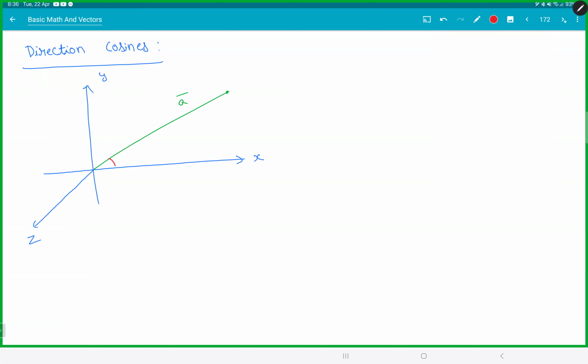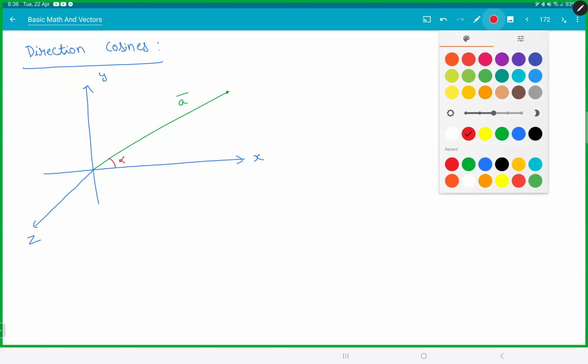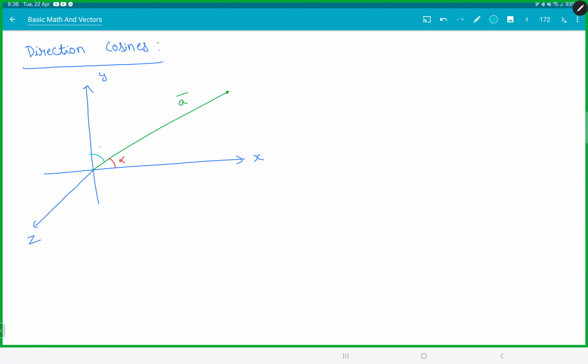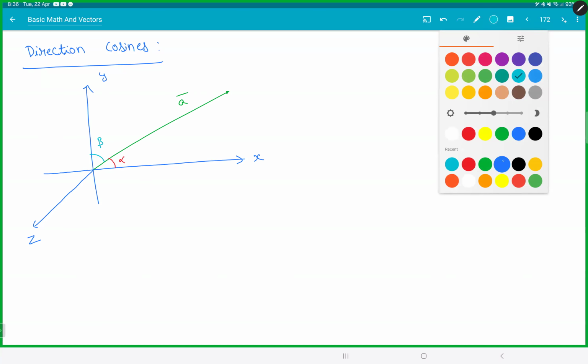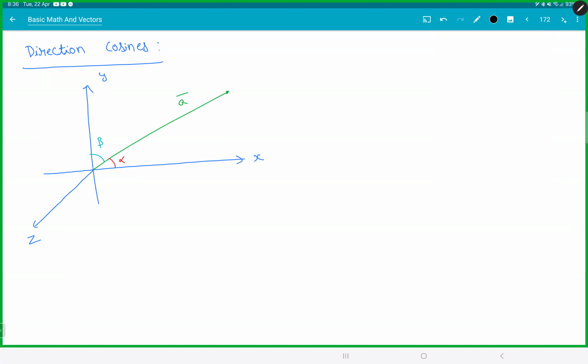It makes an angle alpha with the x-axis, an angle beta with the y-axis, and an angle gamma with the z-axis. So alpha is the angle between a bar and the x-axis.